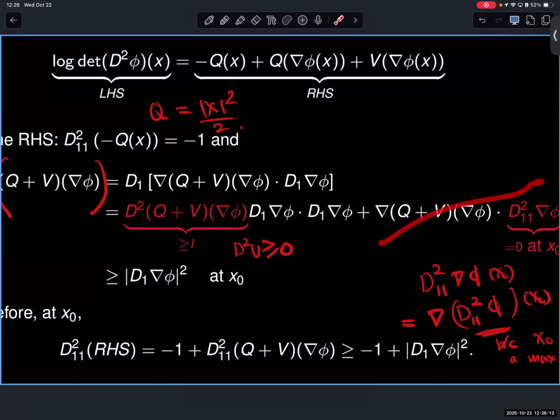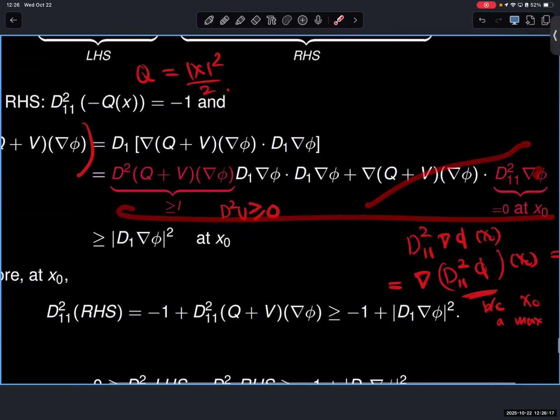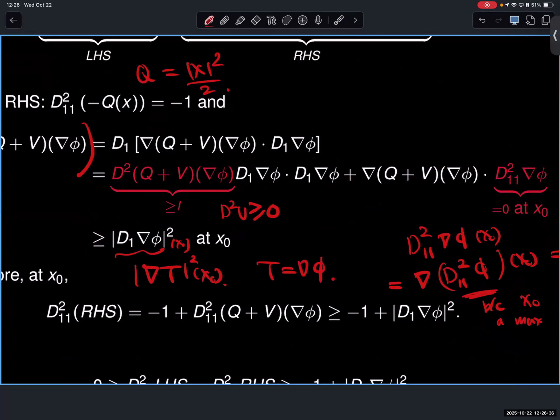This is 0 because this is 0. So this whole thing is bigger than or equal to this identity times this one, but this one is nothing but the square of d1 gradient phi at x0. So this is exactly the derivative of t squared at x0, because t was gradient phi.